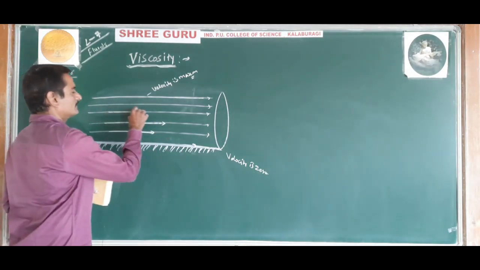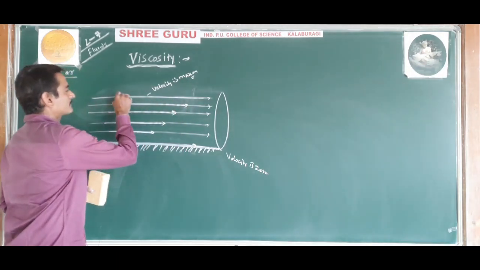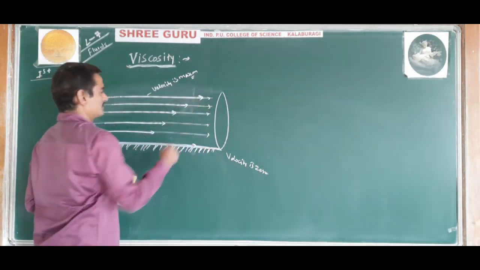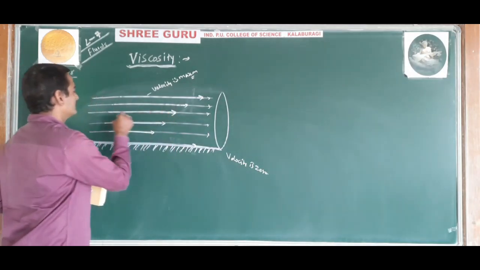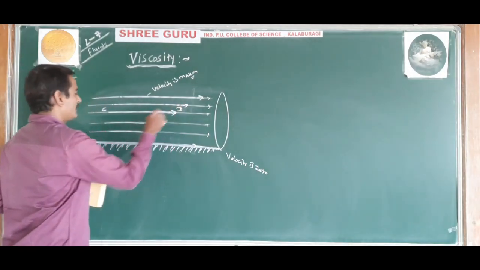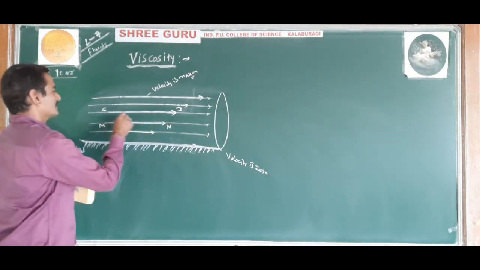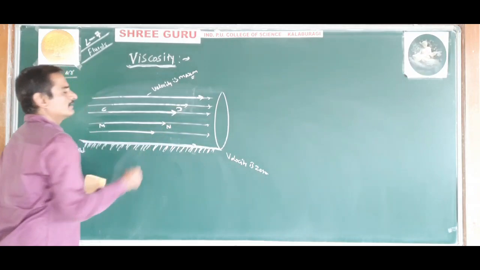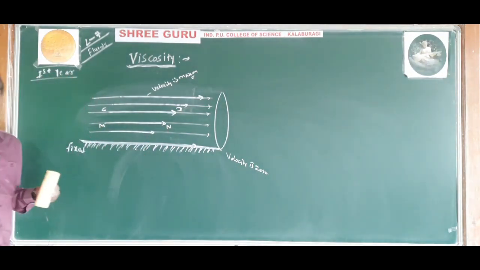So now consider any two layers, say CD and MN. The layer CD has more velocity and the layer MN has less velocity.